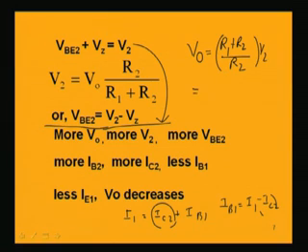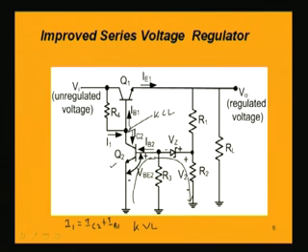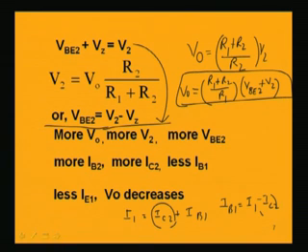And now what will be the V2? V2 is equal to VBE2 plus VZ. So V0 equals R1 plus R2 by R1 into VBE2 plus VZ. So this is the output voltage. So if we look into the expression for this series voltage regulator, which was using two transistors, then we have an output voltage V0, which is maintained at this value.